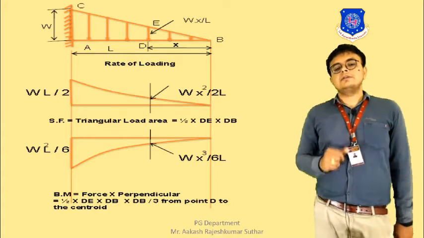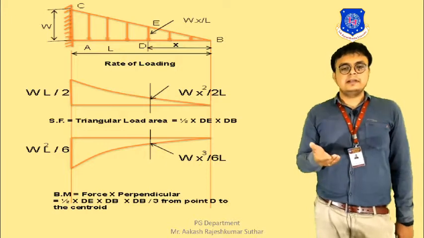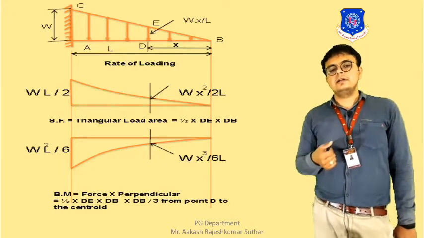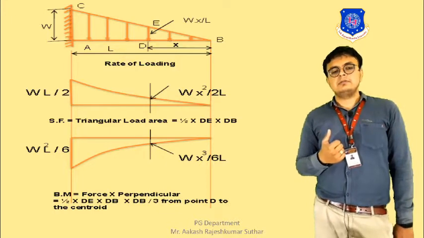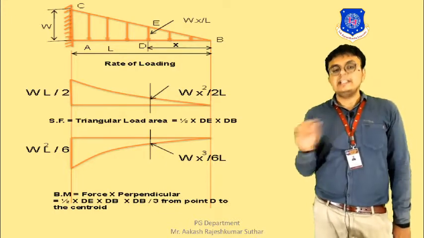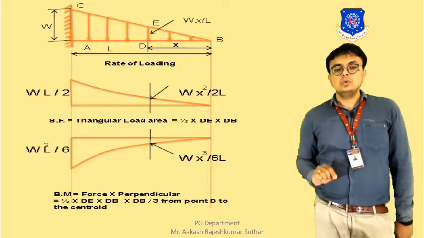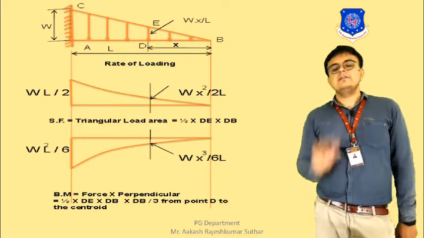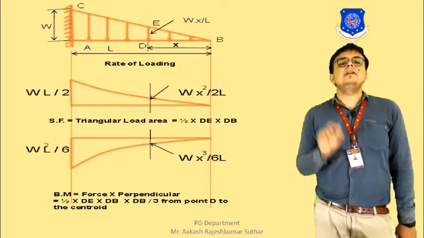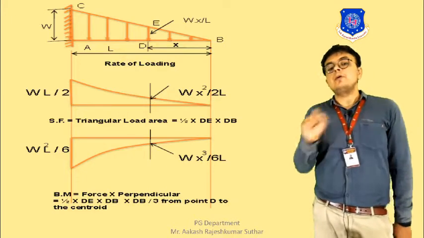Now talking about the bending moment, it is again the force into the lever arm, the perpendicular distance. So the bending moment will be equal to half into DE into DB into DB/3. Finally we get the bending moment equal to W x cube upon 6L.